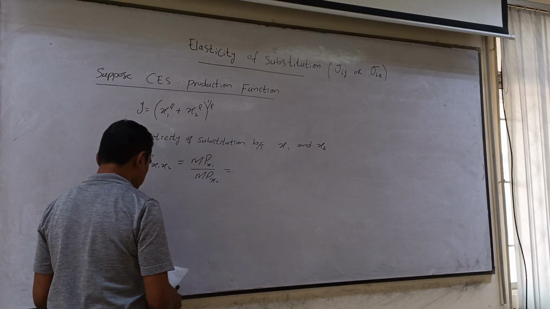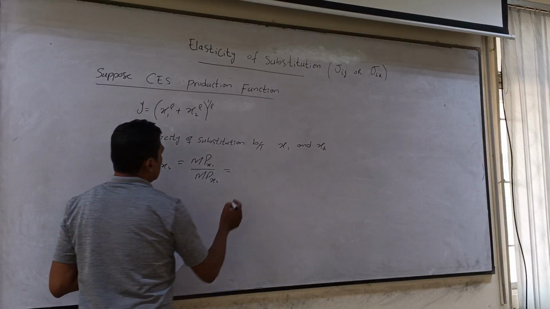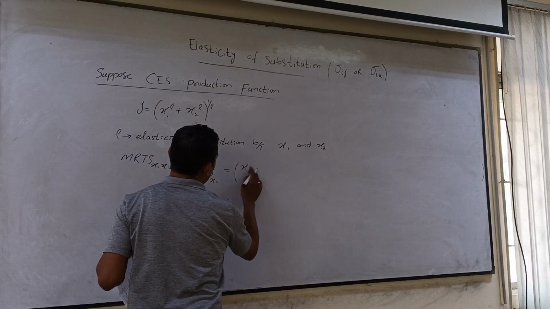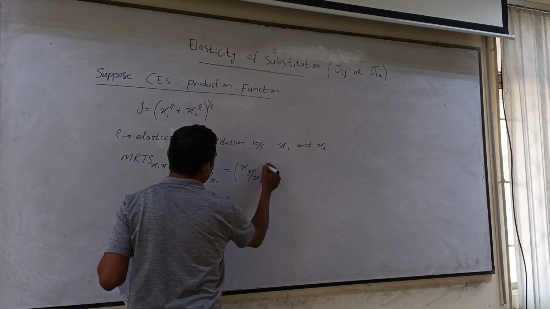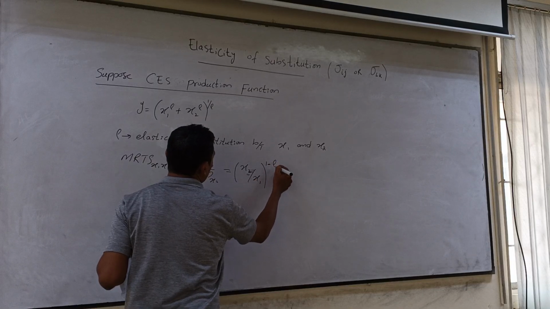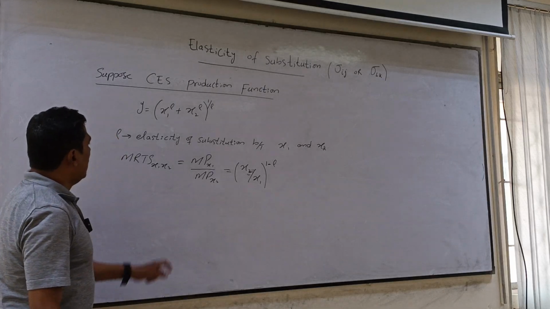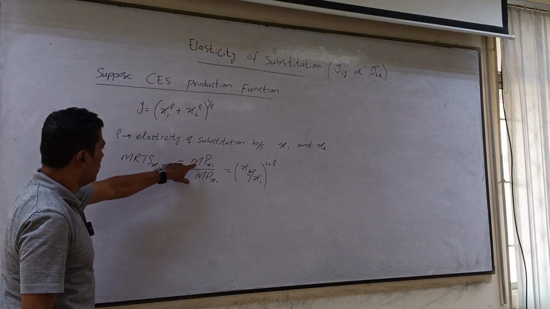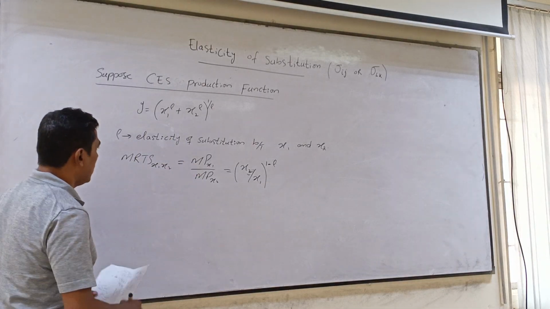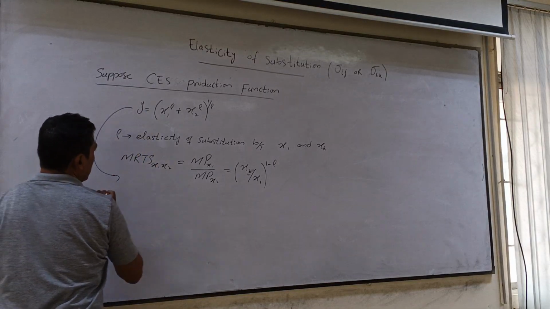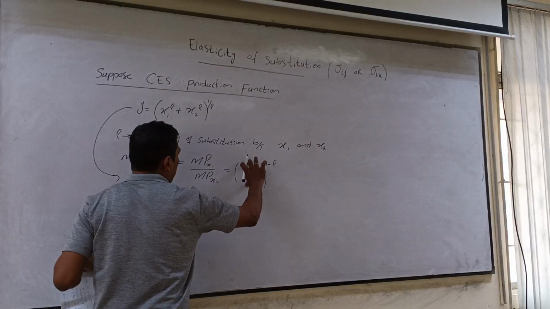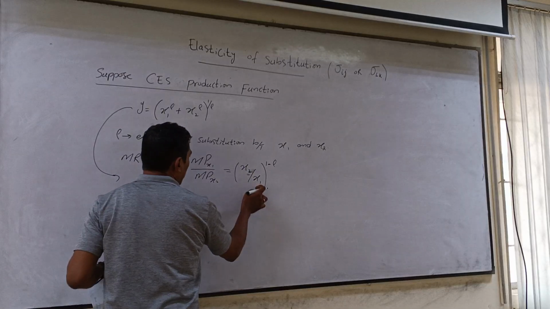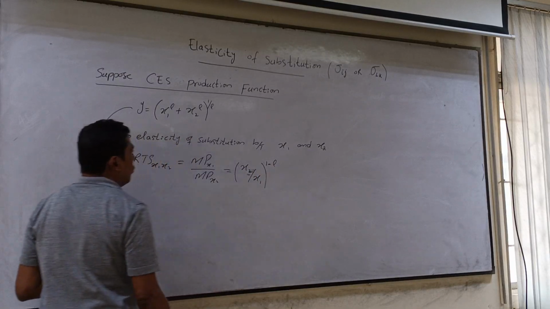This value is equal to, I am directly writing, (x2 over x1) to the power 1 minus rho. You will take the derivative of this one with respect to x1. Let me tell you, do it yourself and derive this form. This is the simplified form of MRTS: x2 upon x1 to the power 1 minus rho.